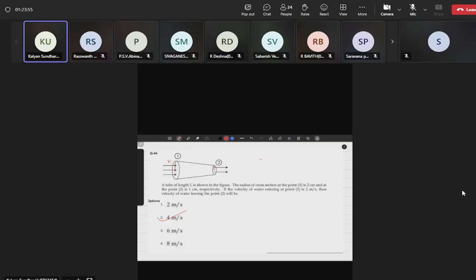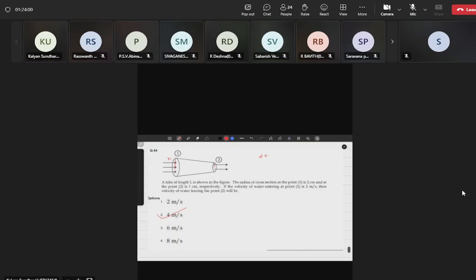So it will be pi into R1 square, which will be 4. Correct, sir, option is 4. Radius only they have given, they haven't given the area value.